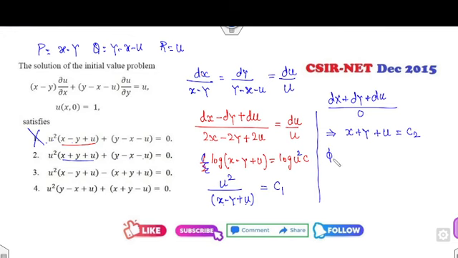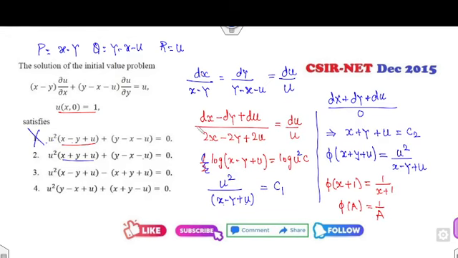Now apply the phi condition. It's x plus y plus u is equal to phi of u square over x minus y plus u. Apply the initial condition. X is my x, y is equal to 0, u is equal to 1. It's 1 over a. So that means phi of a is 1 over a.